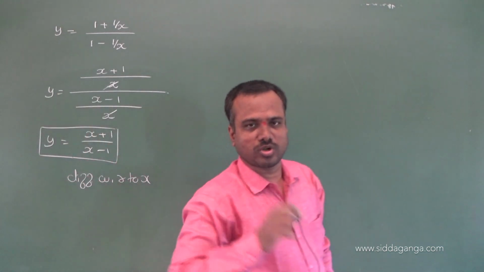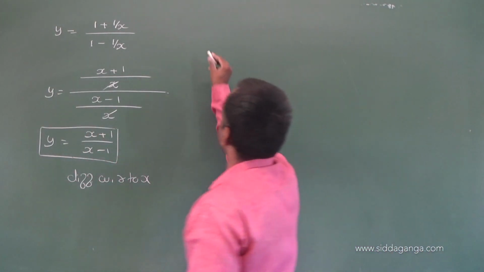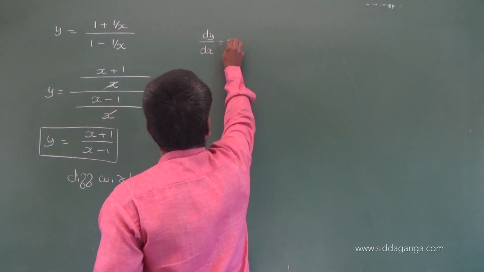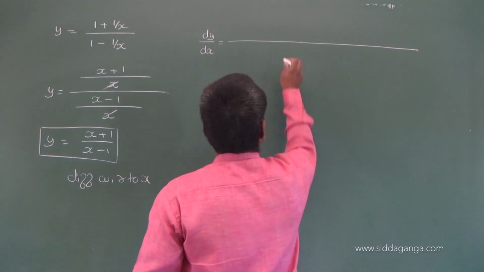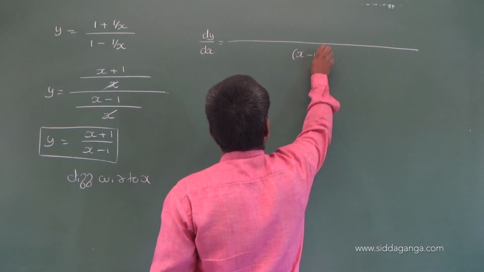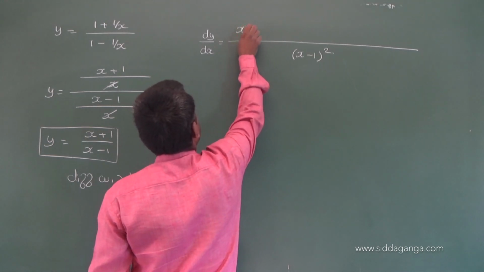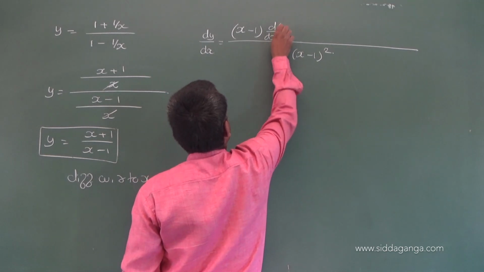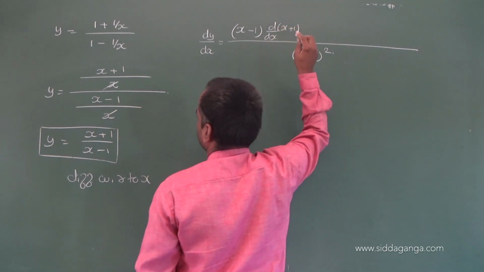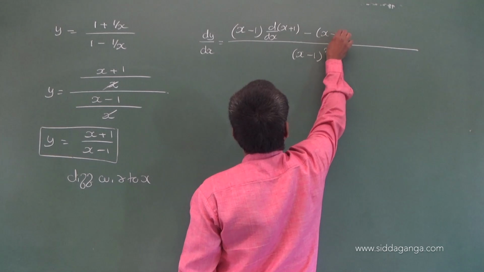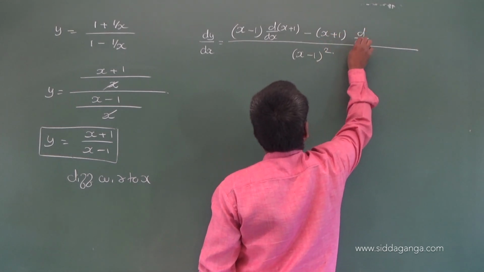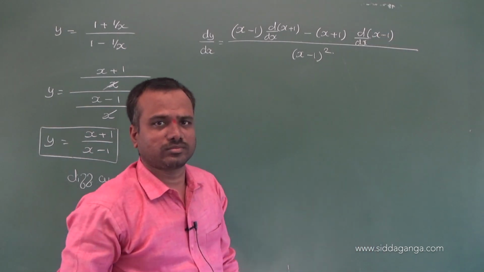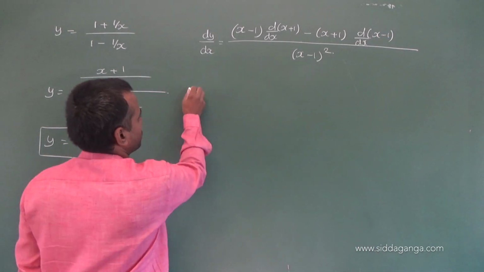So which rule apply here? The quotient rule. I write here dy by dx, denominator square, x minus 1 whole square, x minus 1 into d by dx of x plus 1, minus x plus 1 into d by dx of x minus 1. Correct?